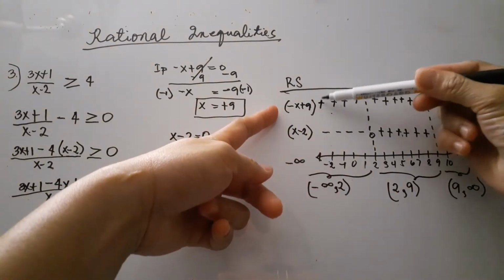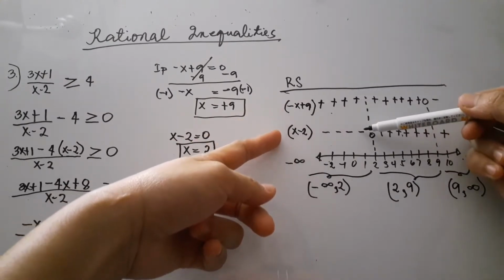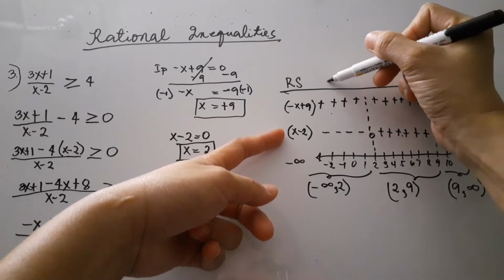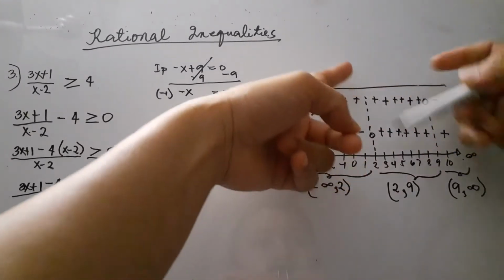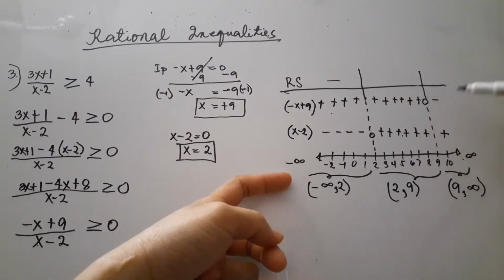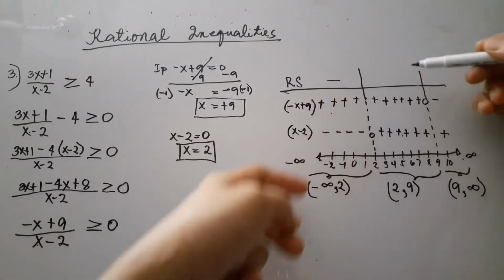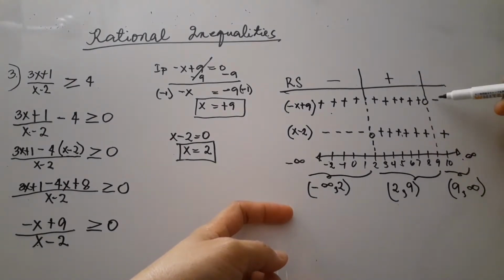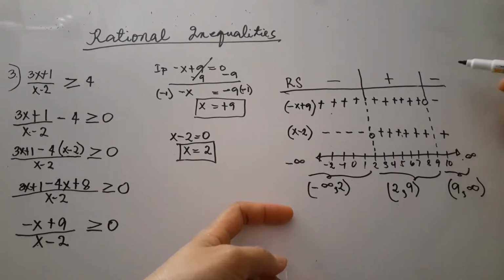Then we have the resulting sign. Since positive divided by negative is negative, all here is negative in this interval. And then in interval 2 and 9, since positive divided by positive is positive. And then in this interval, negative divided by positive is negative.